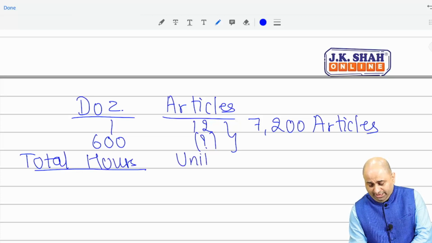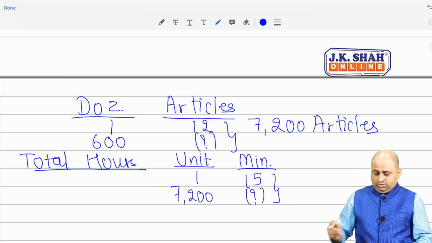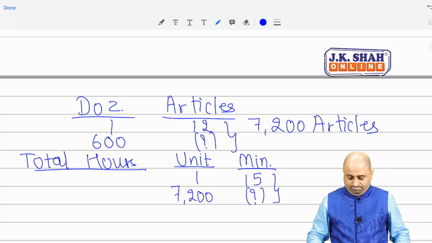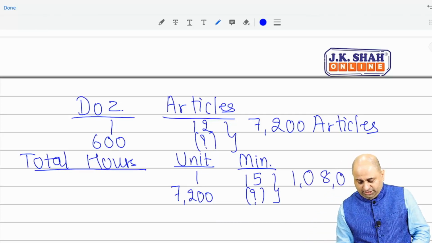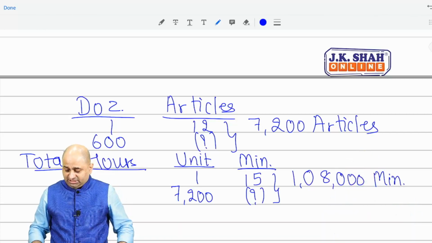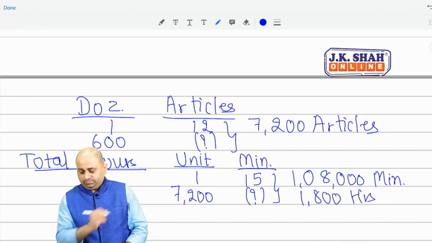So 1 unit will require 15 minutes, 7,200 units will require 1,08,000 minutes, which basically translates to 1,800 hours.